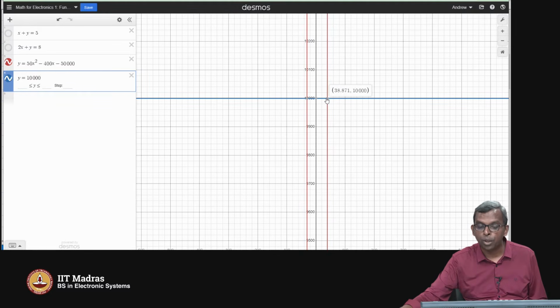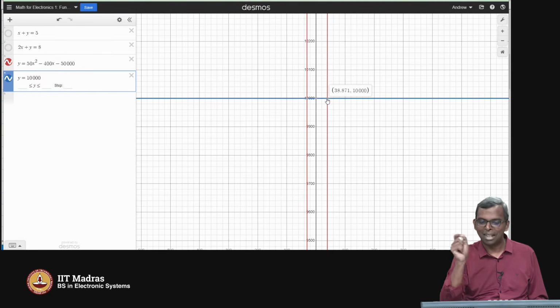And this gives you 2 points of intersection, minus and plus. And the plus is what's interesting to you, because x is going to be positive. So the answer it's giving you is 38.871. So if you pick x equals 38.871, you're going to get 50x squared minus 400x minus 50,000 to be equal to 10,000.